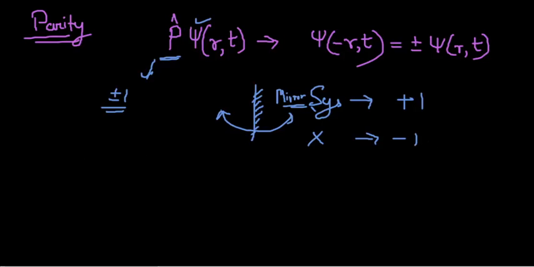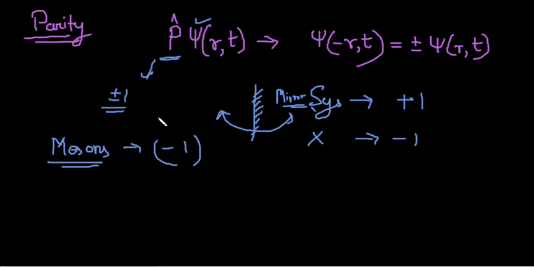And if you want to discuss parities of the elementary particles, mesons have negative parity, because pseudo scalars and vectors are always of negative parity in nature.